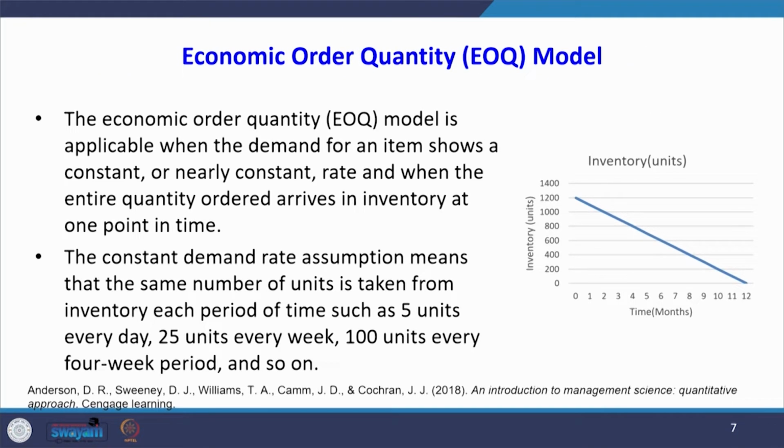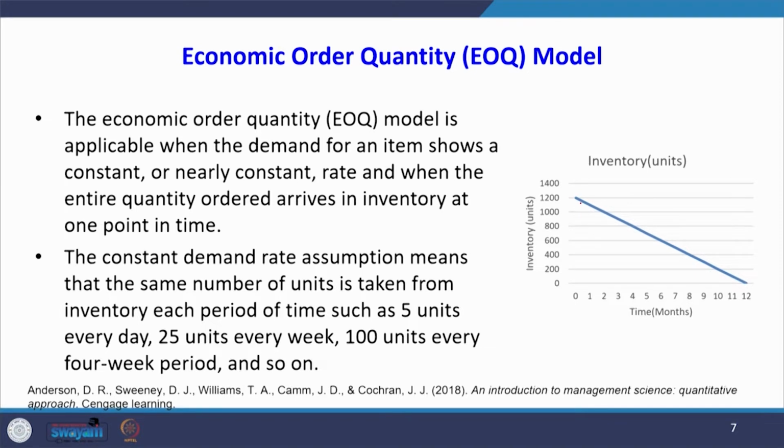The economic order quantity model is applicable when the demand for an item shows a constant or nearly constant rate and when the entire quantity ordered arrives in inventory at one point in time. For example, look at this figure. When it was 0, I am ordering 1200 units.